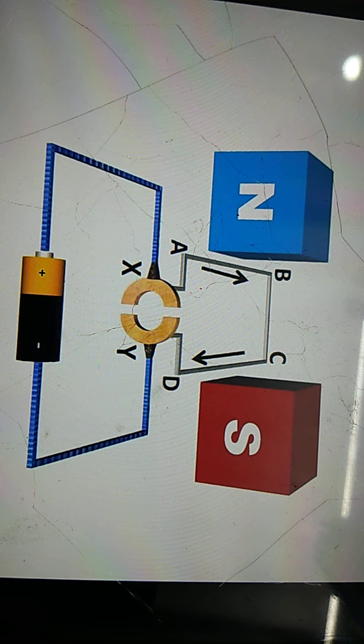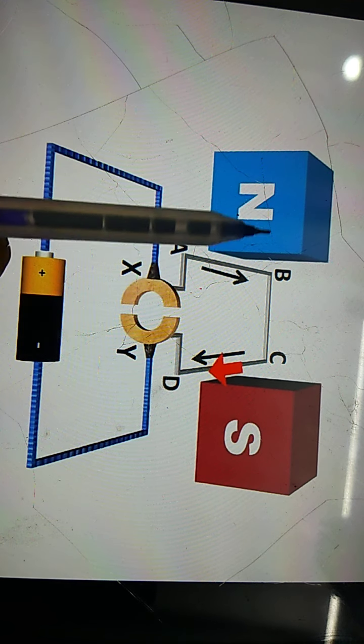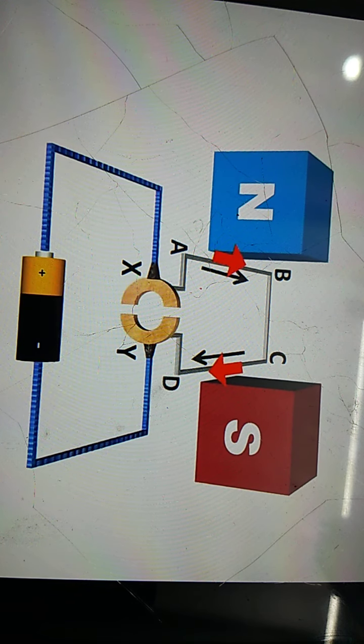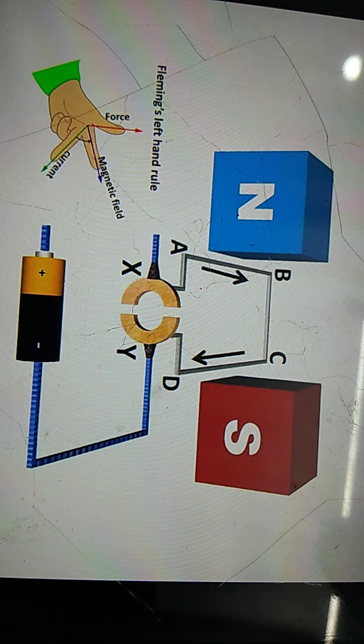And one thing I want to make clear here is that if the current is in the direction of the magnetic field or opposite to the direction of the magnetic field, then no magnetic force acts on that arm. So since BC is parallel to the magnetic field and DA is parallel to the magnetic field, no force will act in the arms BC and DA.